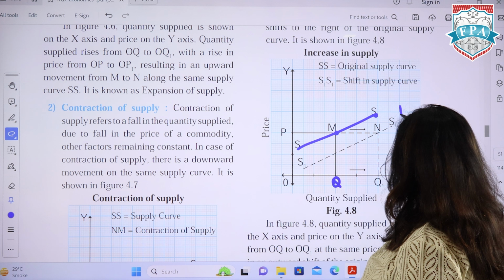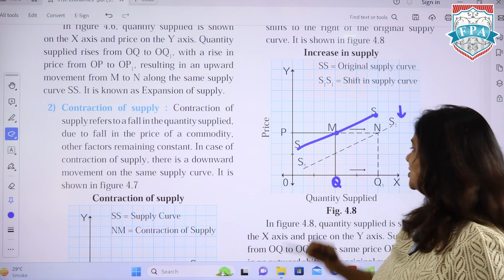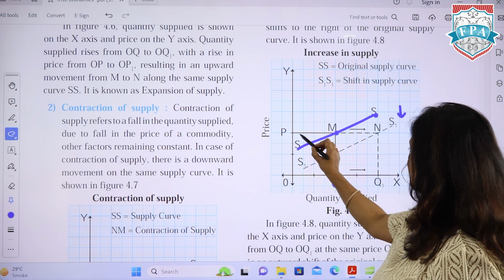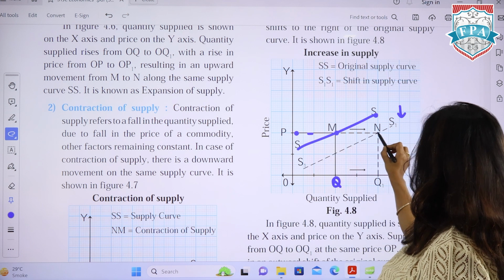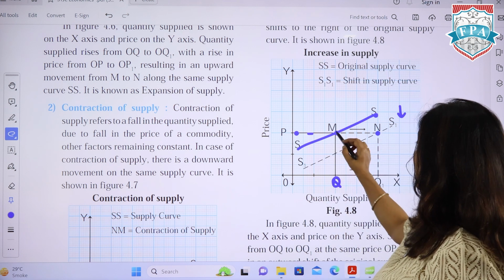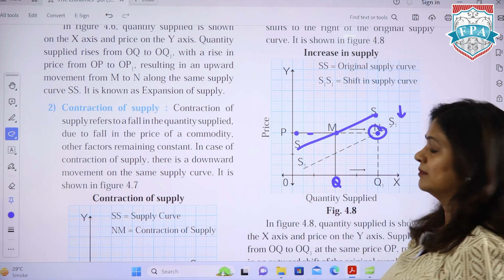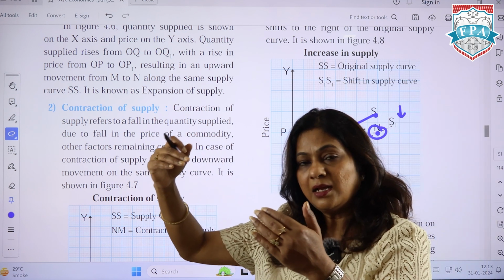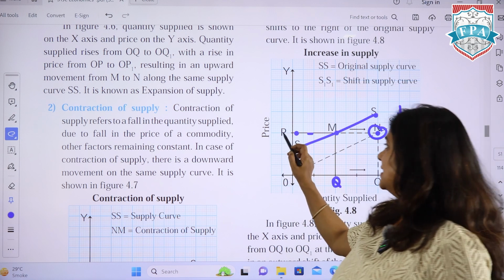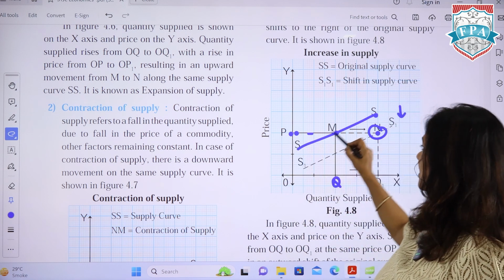Now let's say price hasn't changed. Can you see that? Price hasn't changed. The price is still P. But the supply instead of M has gone down to N. So the supply curve itself has shifted. Price is the same. Can you see that?